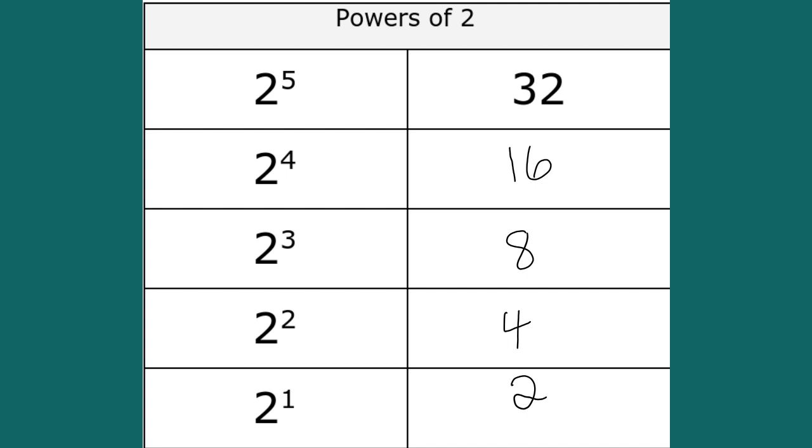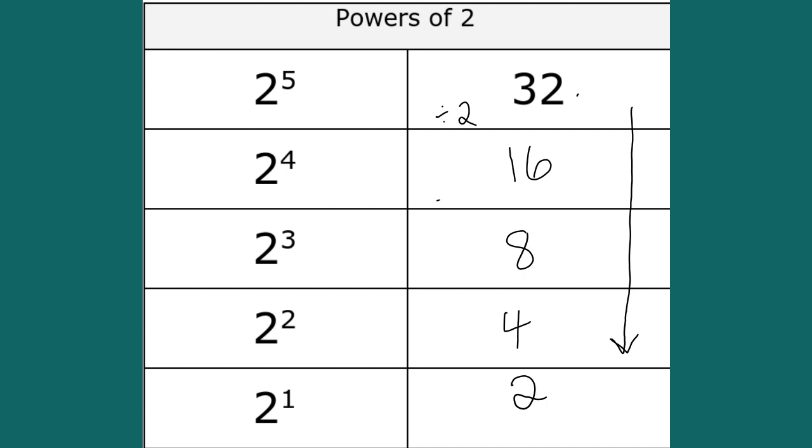So let's ask ourselves, what pattern do we notice as we move down this table? What operation could we say that we are doing as we move down this table? Well, I notice that if I take 32 and cut that in half, or divide by 2, I get the number 16.